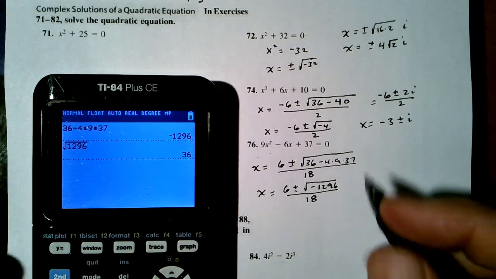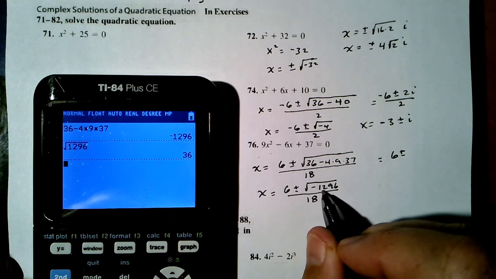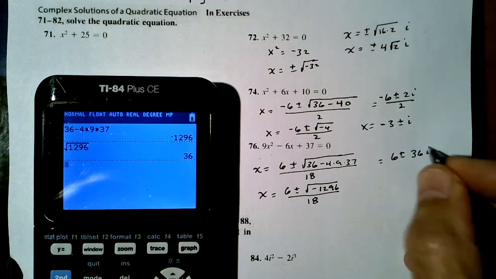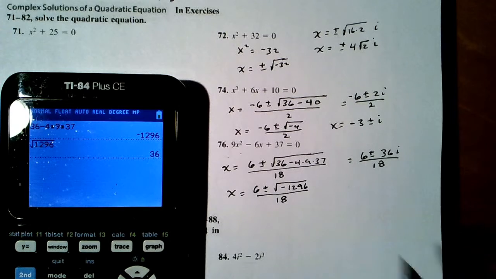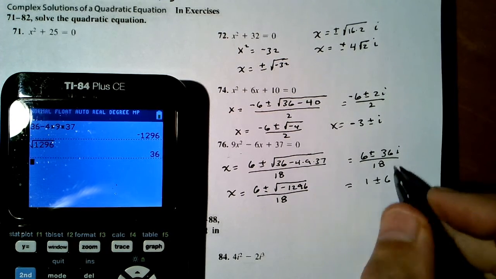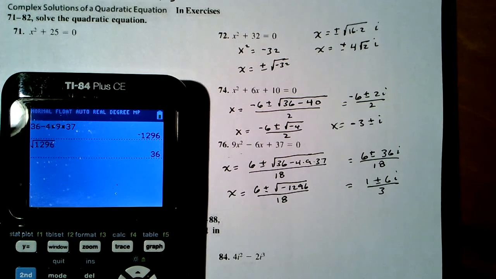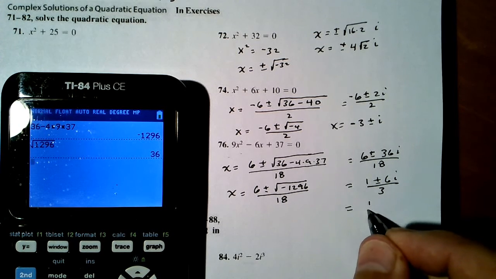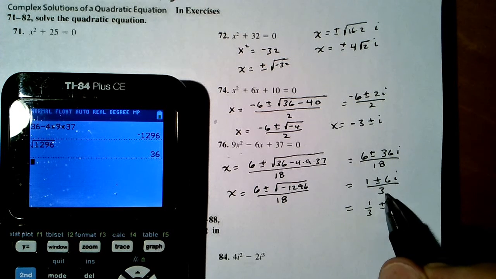And it is. So we get x equals 6 plus or minus the square root of 1296, which is 36, times the square root of negative 1, i, all on 18, top and bottom reduced by 6 to 1 plus or minus 6i, all on 3, which is a perfectly fine answer for this section, but I wouldn't be surprised if the solution guide has that as 1/3 plus or minus 2i.